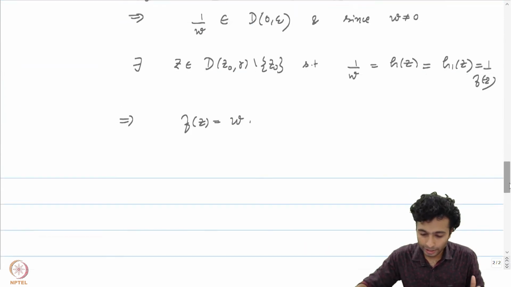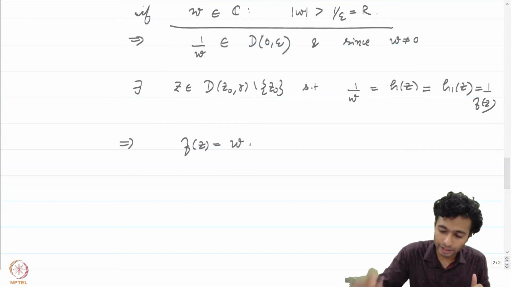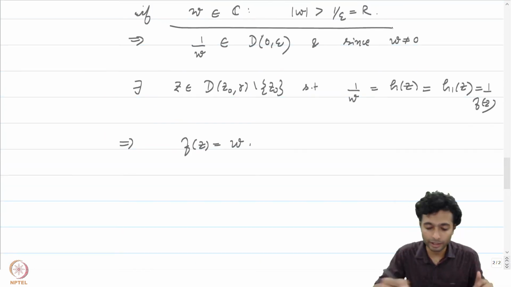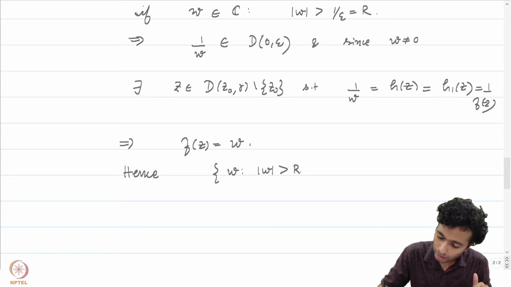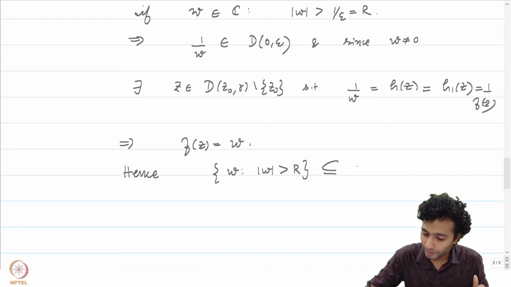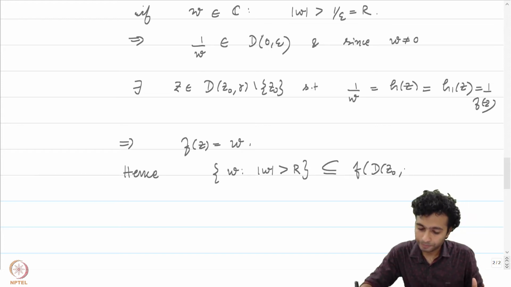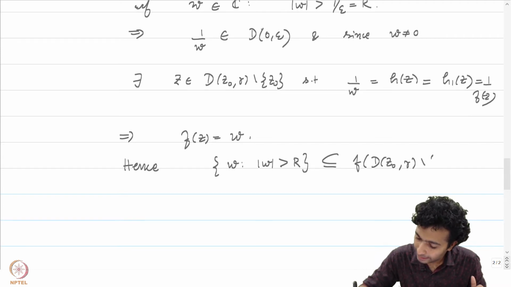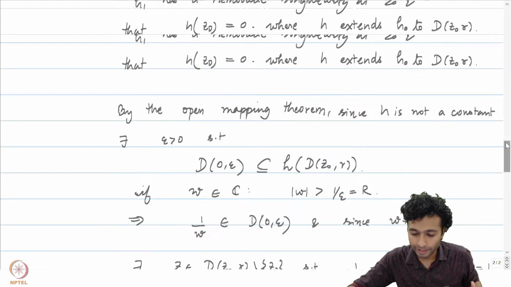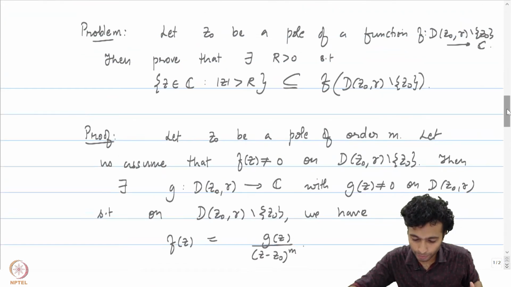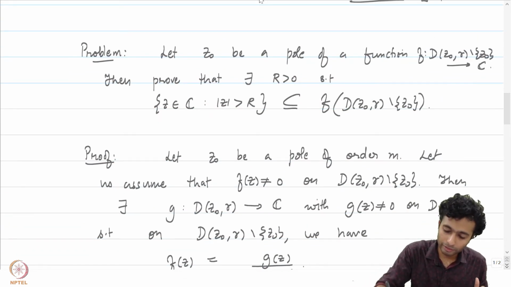So you take any arbitrary point w in C which satisfies the condition that mod w is greater than R, hence the set of all w such that mod w is greater than R is contained in f of D(z0, r) minus the isolated singularity. And that's precisely what we had set out to prove. If I go up and show you the problem, that's precisely what we were asked to prove.